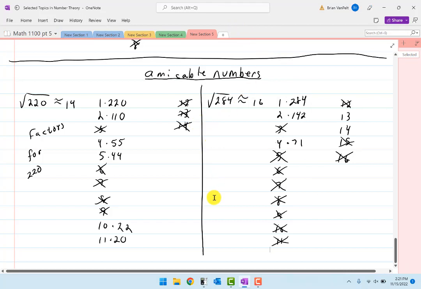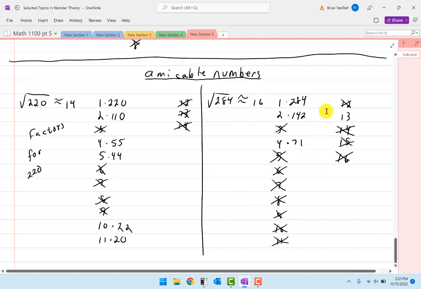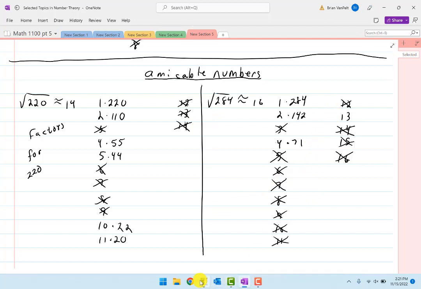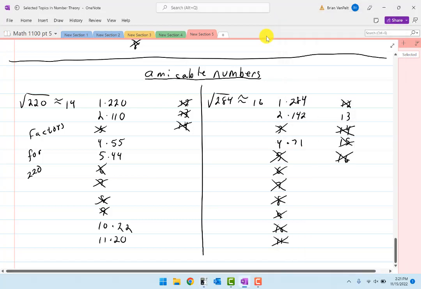So next I have to try 13, 14. Oh, by the way, since 7 didn't work, I could have wiped out 14. So really all I need to test finally is 13. Another decimal. So I know that 13 is not going to work.